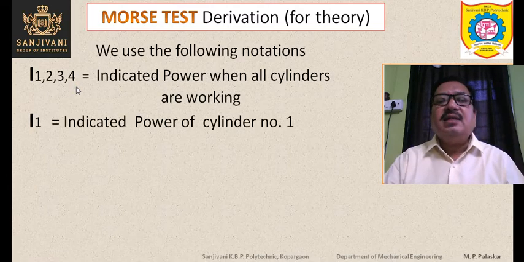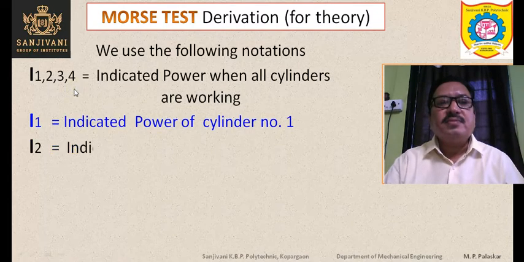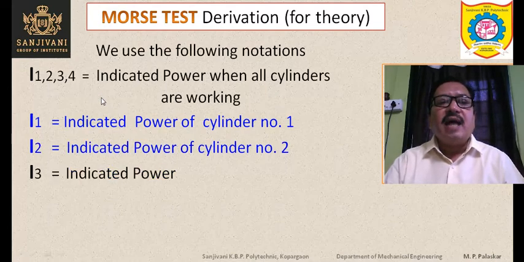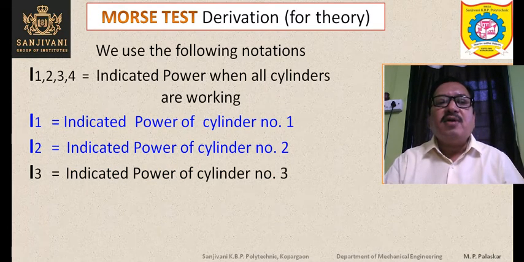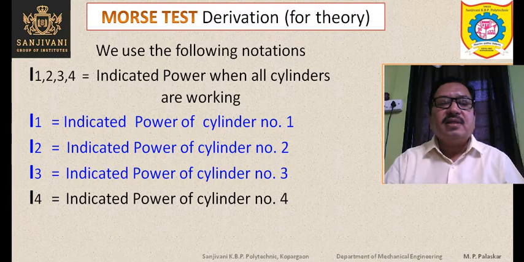Then I1 is the indicated power which is developed inside cylinder number 1 alone. I2 is the indicated power of cylinder number 2. I3 is the indicated power of cylinder number 3, and I4 is the indicated power which is produced inside engine cylinder number 4.